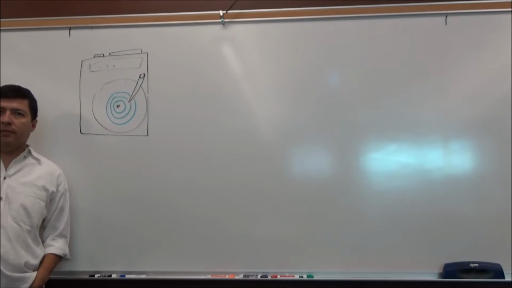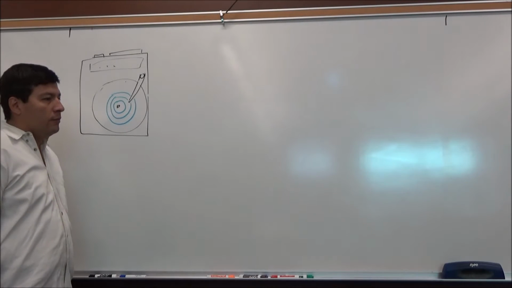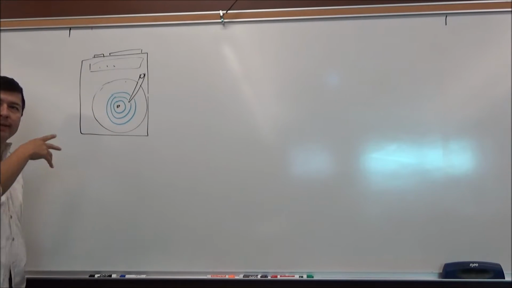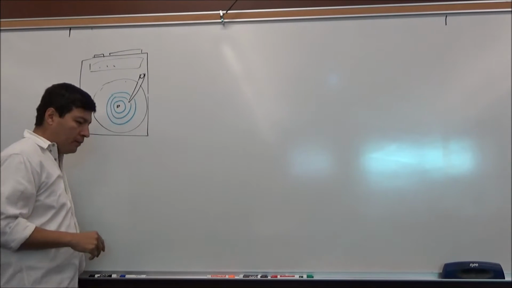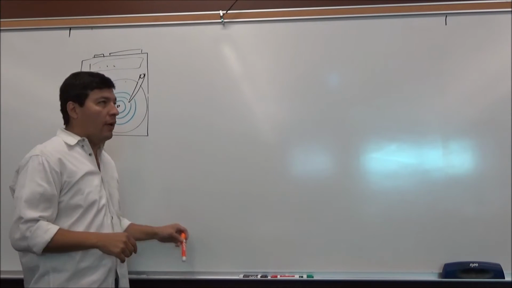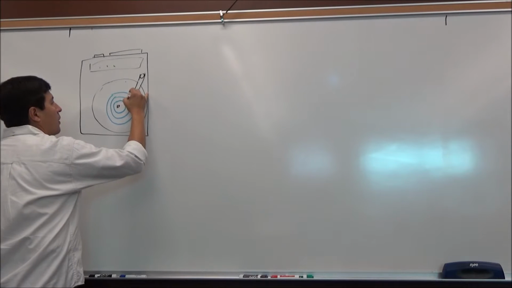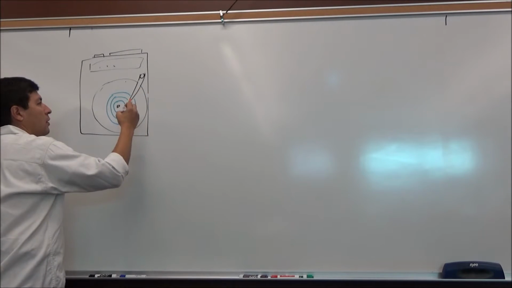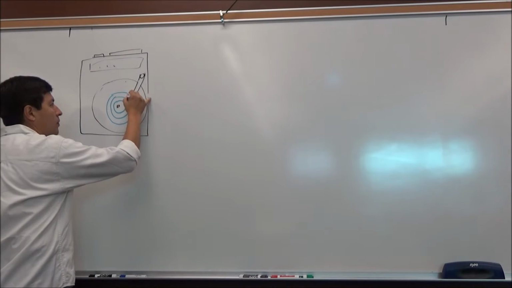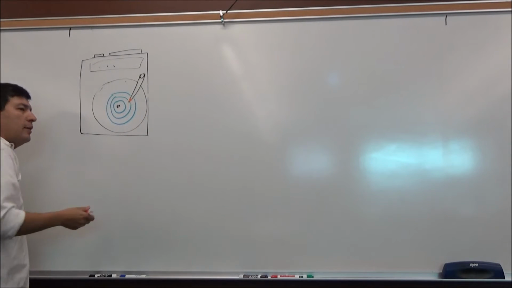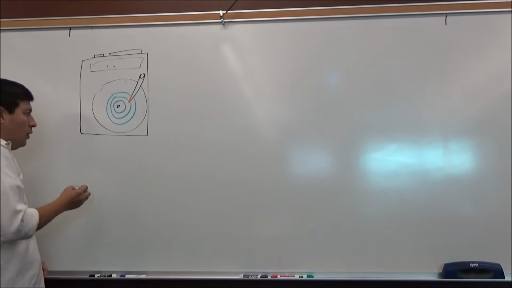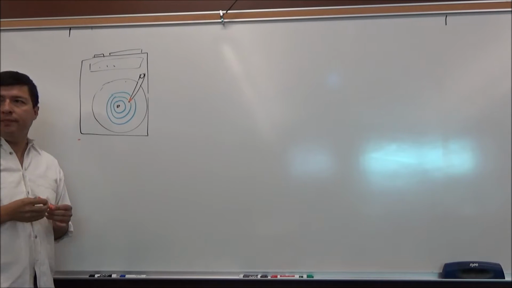That's touching the disc. Well, this one, it's not really a needle. It's kind of like a magnet here, a square magnet. And it's the size of one of those tracks. So it's like a bucket, let's say.